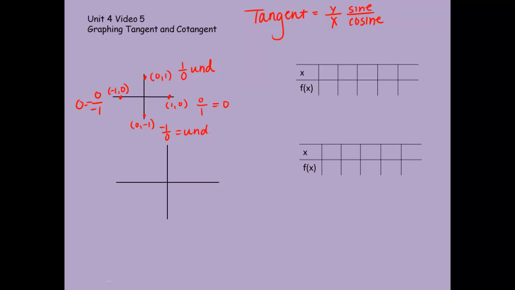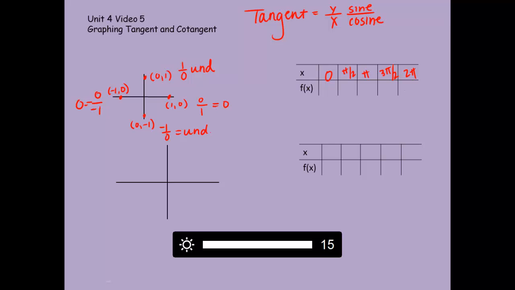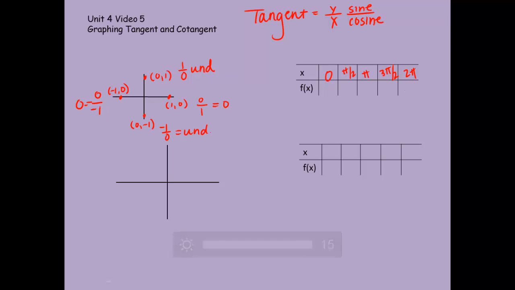So keeping that in mind, as we go ahead and work our way around our quadrantals, if I did 0, pi over 2, pi, 3 pi over 2, and 2 pi, and I filled in my f of x values to match those, we would have some very unexciting values to graph because we can't graph anything that's undefined.